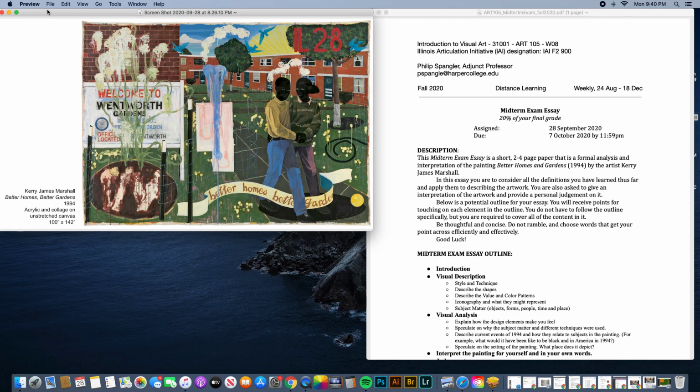So 100 inches is 8 feet 4 inches tall, and then 142 inches is 12 feet long. So just over 8 feet tall and 12 feet long, about. So this is a large painting.